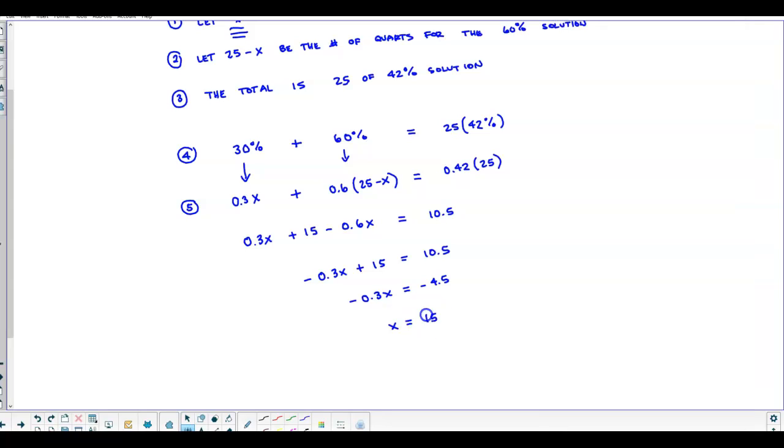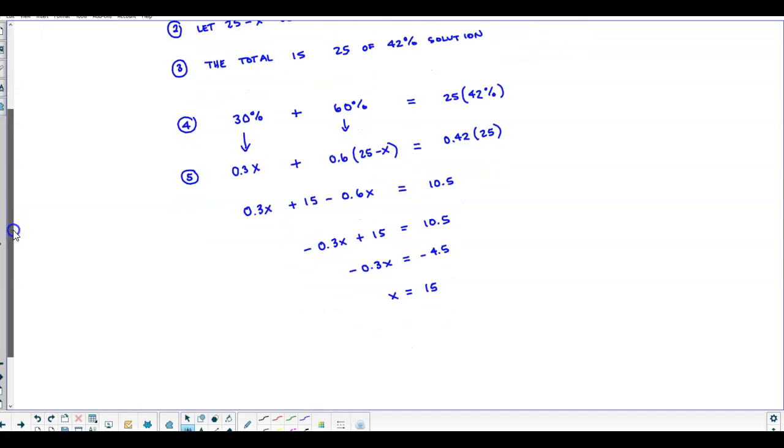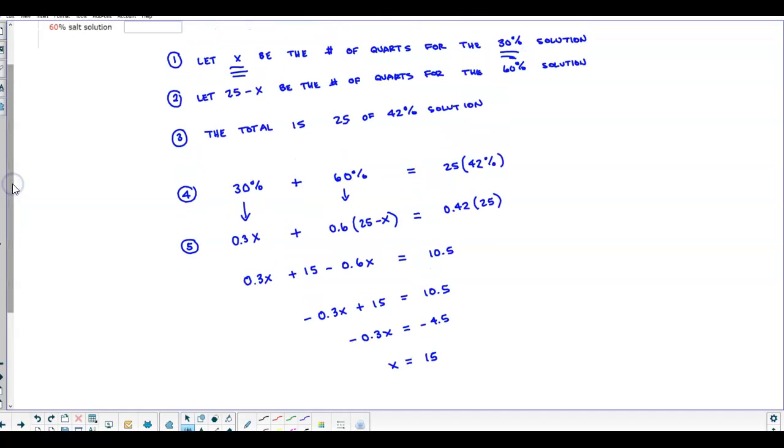So we know that x represents, back up to step number 1, the number of quarts for the 30% solution. And so then we also know that 25 minus x, where we replace x with 15, is going to be 10.